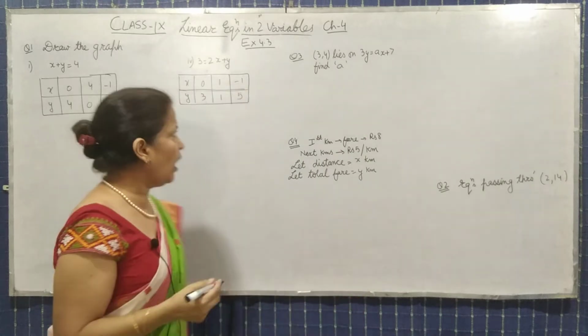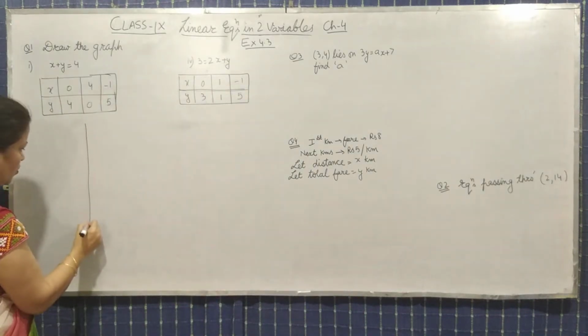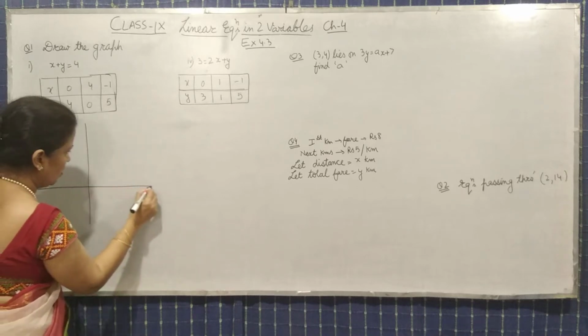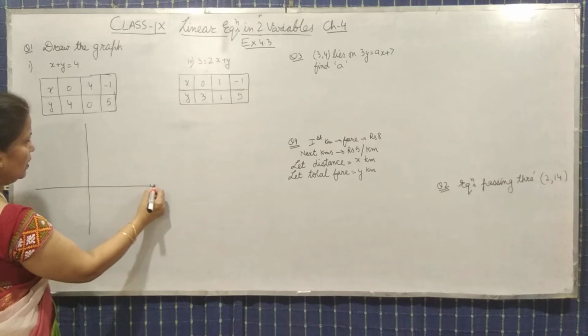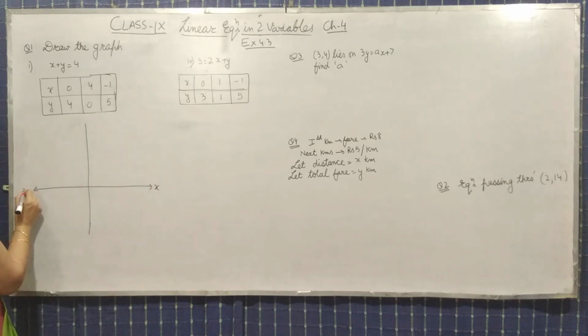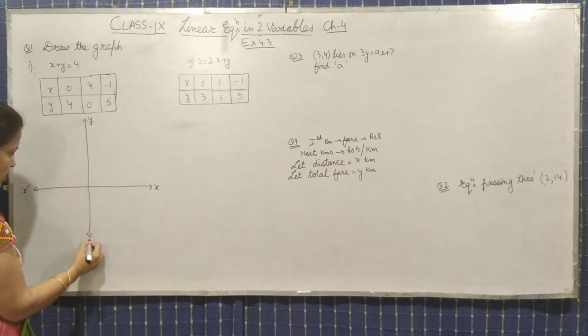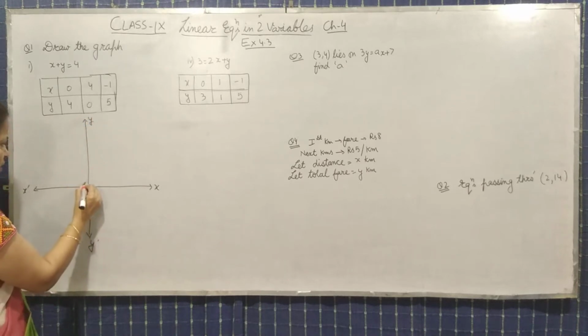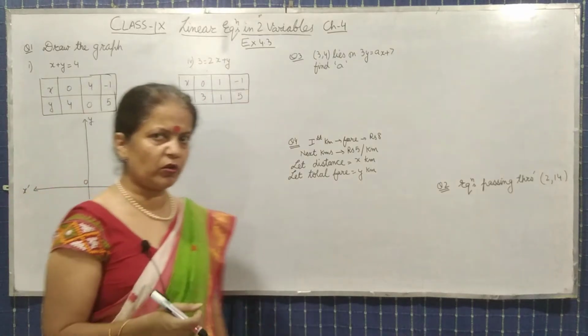Now let's see how to make the graph. The graph concept, you did it in your 8th class also. X dash, y dash, and this is 0. In chapter 3 also we discussed the plotting of coordinates.